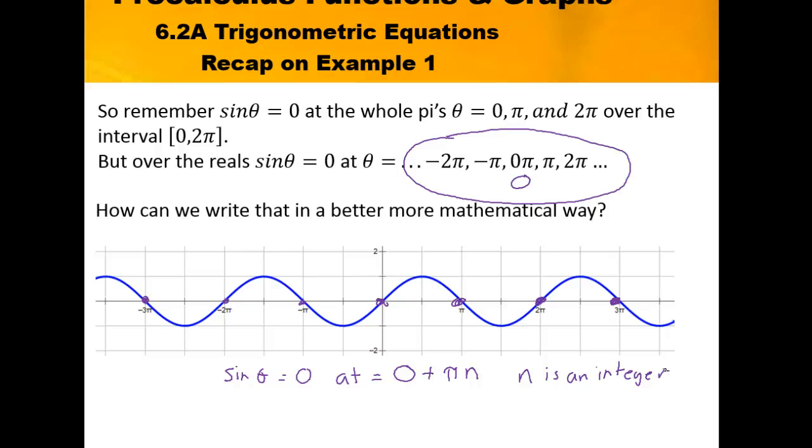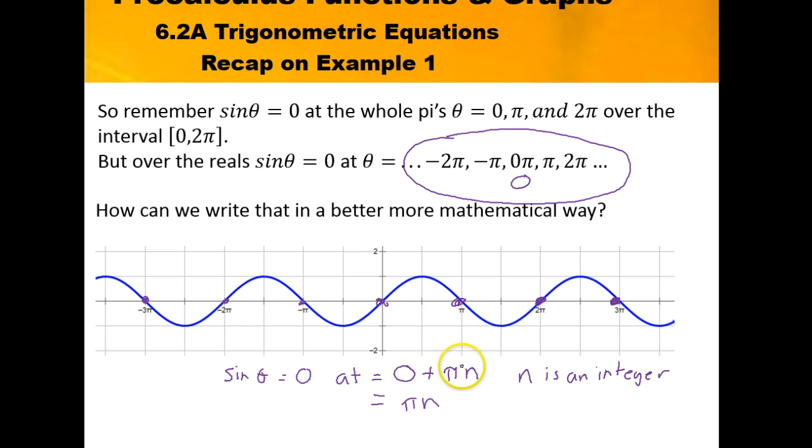Okay? Now, what is 0 plus pi n? Well, 0 plus pi n is just pi n. So let's see if we think that this works. When n equals 0, I get 0 times pi, which is 0. That's one of them. When n is 1, I get pi. When n is 2, I get 2 pi. When n is 12, I get 12 pi. When n is negative 1, I get negative pi. When n is negative 2, I get negative 2 pi.